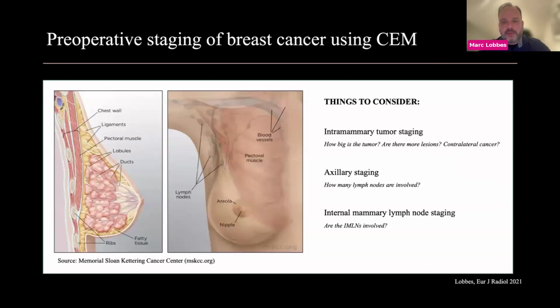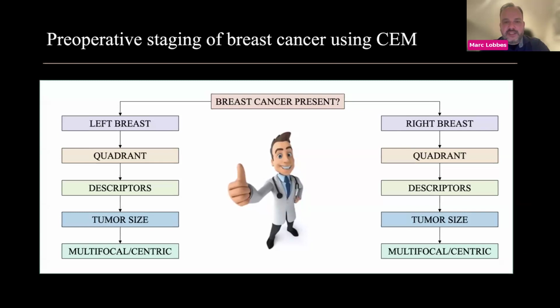Now, about preoperative staging, you can talk about how big the tumor is within the breast, so the intramammary tumor staging, but also the axillary staging and the internal mammary lymph node staging. But here I want to focus on the intramammary part, and the other parts you can read in my review that I published in 2021, on why we still could do contrast-enhanced mammography for this indication. Now, when I teach residents how to tackle the preoperative staging, I always say begin big and work to smaller parts.